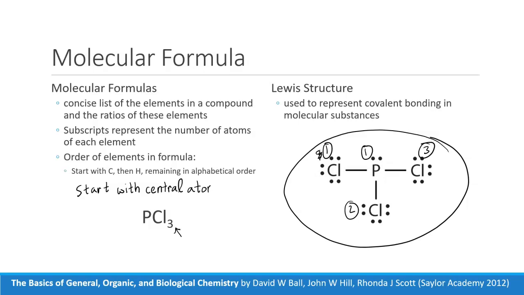And the central atom being the one that's in the middle of the structure, okay, which is phosphorus in this example. But more often than not, we're going to have a bunch of carbons and hydrogens and possibly some other elements. And when that's the case, carbon tends to be the central atom. And we go in the order of carbon, then hydrogen, and then the remaining in alphabetical order.